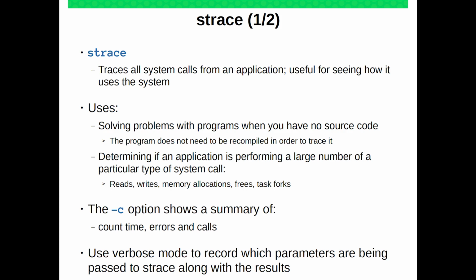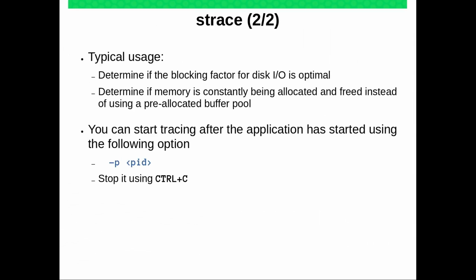You can use various settings. The -c option is an example to get the count time, the number of errors, the number of calls that are being executed. And you can use a verbose mode, and of course you can dump that to a file and track that information for later consumption as well. strace is typically used to determine if the blocking factor for a disk I/O is a particular application.